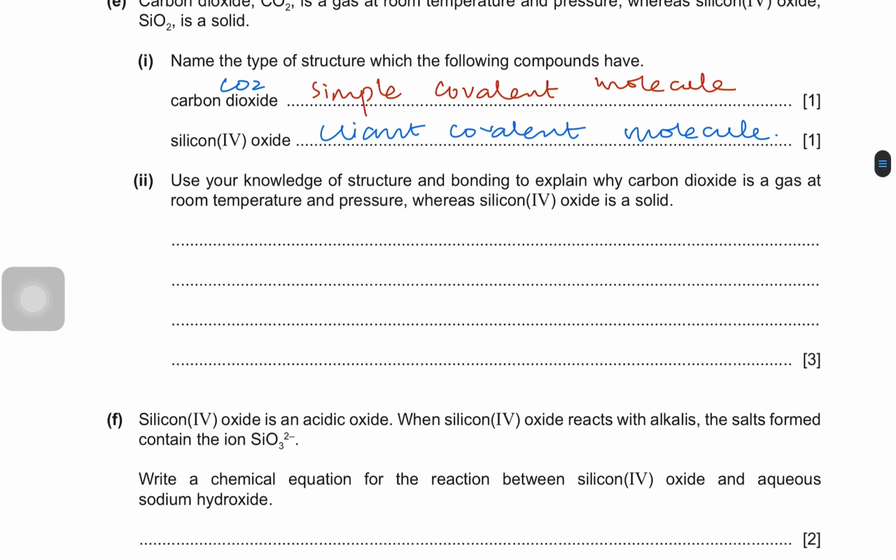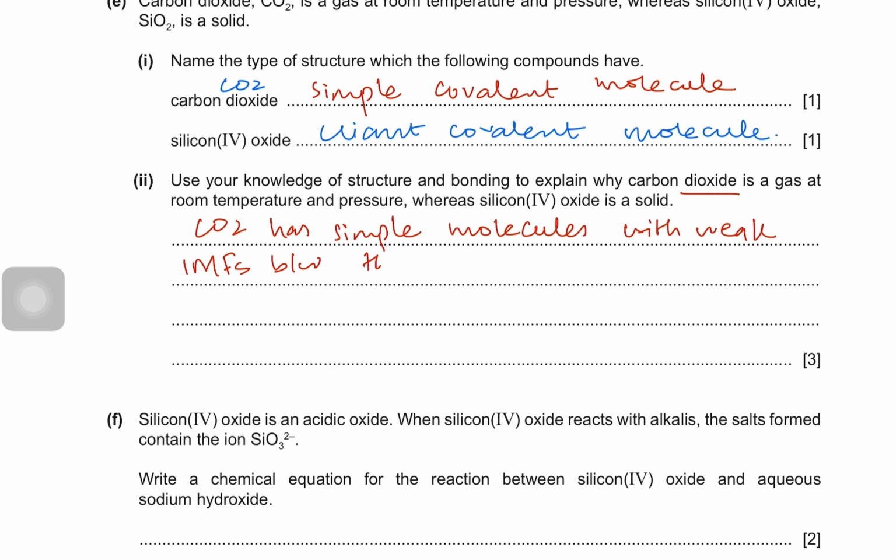Use your knowledge of structure and bonding to explain why carbon dioxide is a gas at room temperature, whereas silicon dioxide is a solid. First talk about carbon dioxide. CO2 has simple molecules with weak intermolecular forces between them, which are easy to overcome.